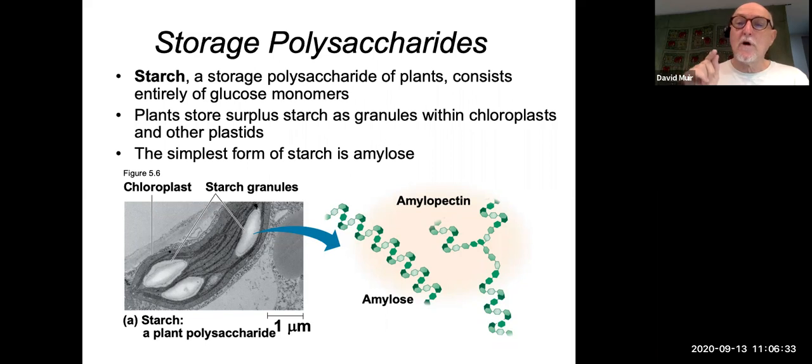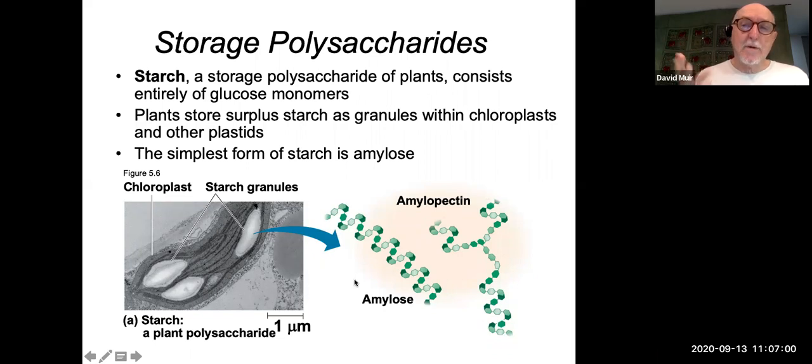It's all glucose molecules all joined together in a particular orientation. In plants, it occurs in various forms. The simplest one is amylose. You don't need to remember that. Just be aware. Starch itself can have slightly different forms. It can be branched or straight, have just a linear joining of the molecules.